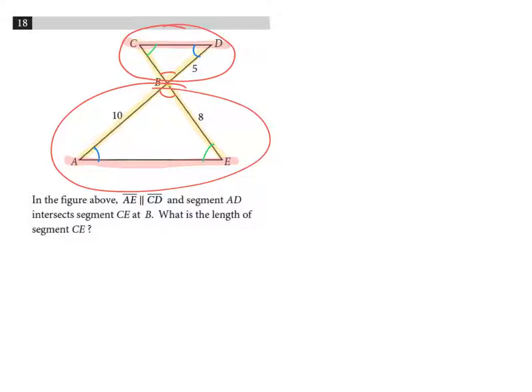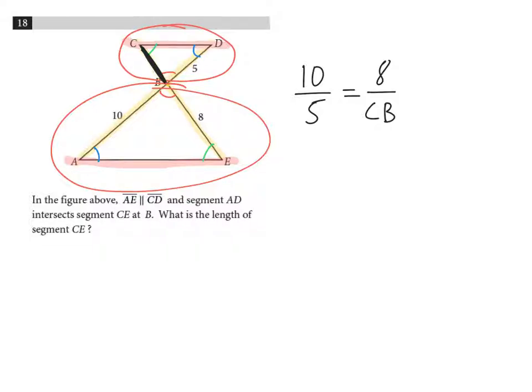We want to figure out what the length of CE is. To find CE, we need to first find CB. Given that these are similar, we know that 10 is to 5 as 8 is to CB.